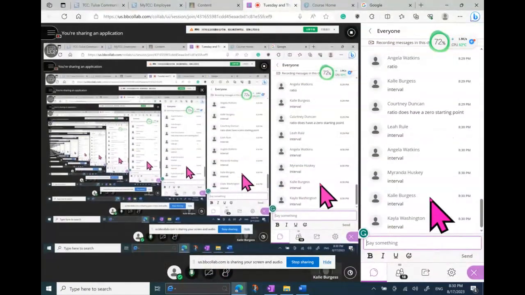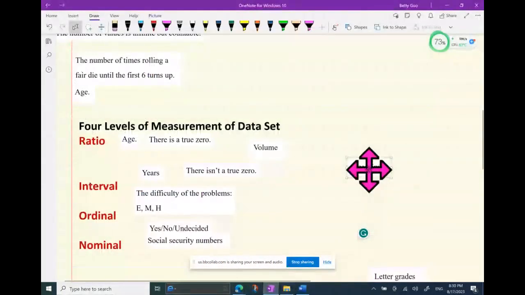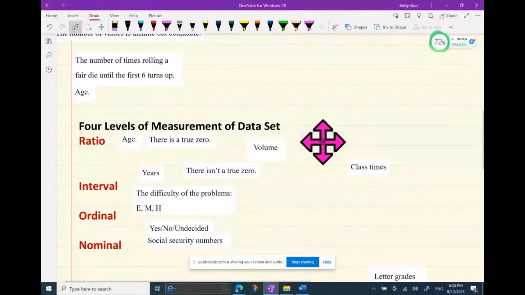Does it have a true zero or not? Class time, not the time in years or in calendar years. It's a ratio, right?